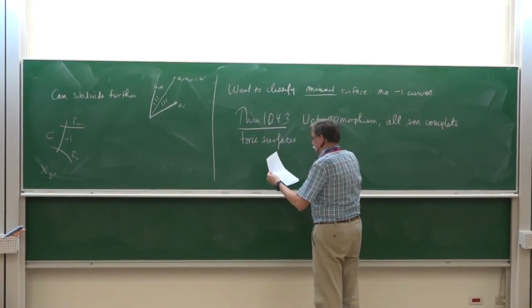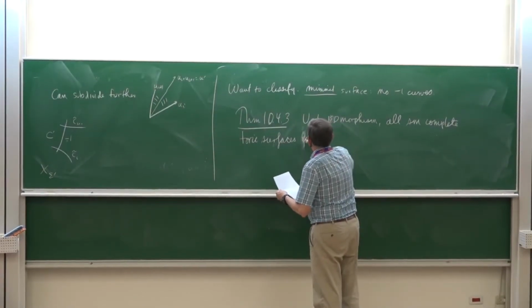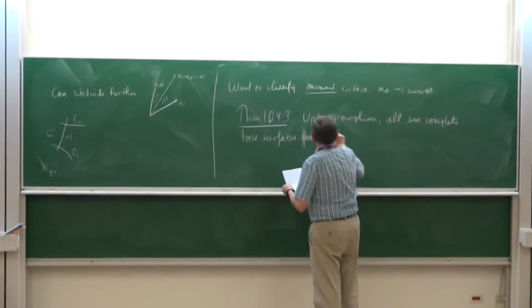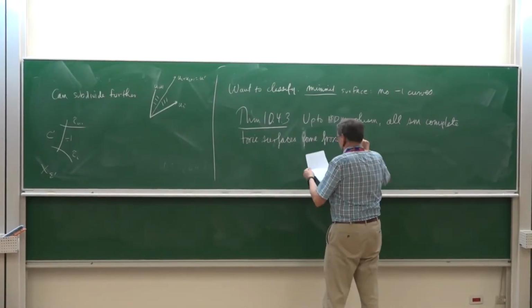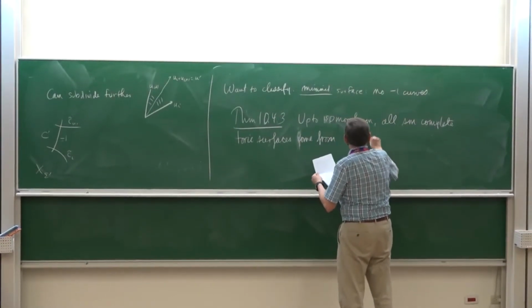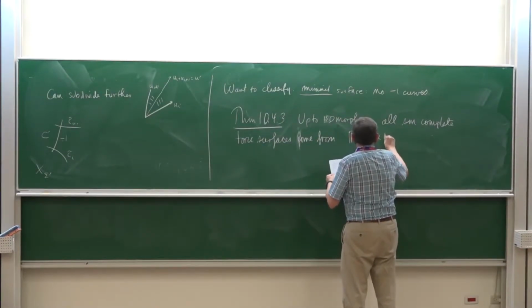The nice infinite list, they come from basically a P2, P1 cross P1.